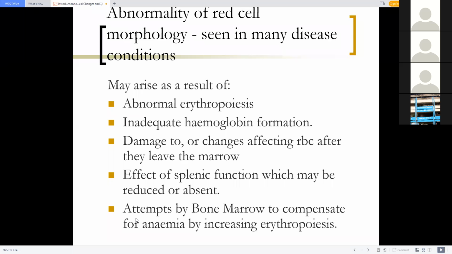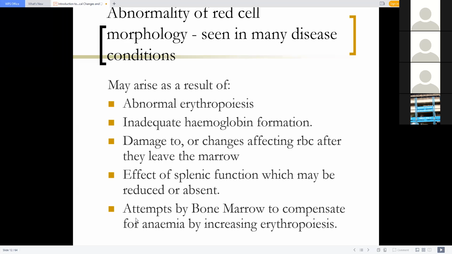All right. The other morphological changes that may occur in circulation are the result of attempts by the bone marrow to compensate for an anemia. For example, when a patient has anemia, which is a low hemoglobin, the bone marrow, if functioning normally, will compensate by increasing erythropoietin levels. Erythropoietin is what drives red cell erythropoiesis and increases red cell production in an attempt to overcome the reduction in hemoglobin.